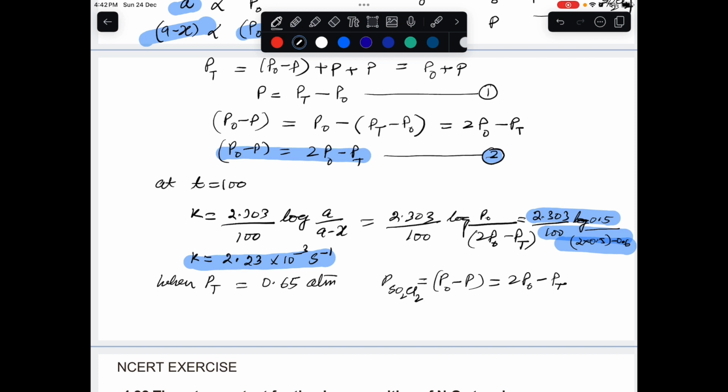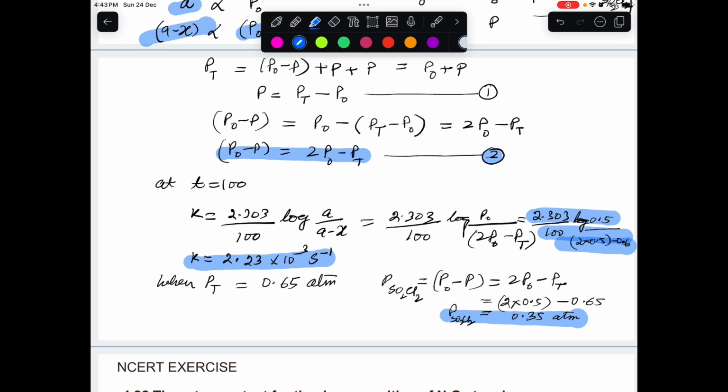So we put down the values: 2P naught is 2 into 0.5, minus P total, which is given in this case as 0.65. So we get the value as 0.35 atmosphere. This is the partial pressure of SO2Cl2 at this moment.